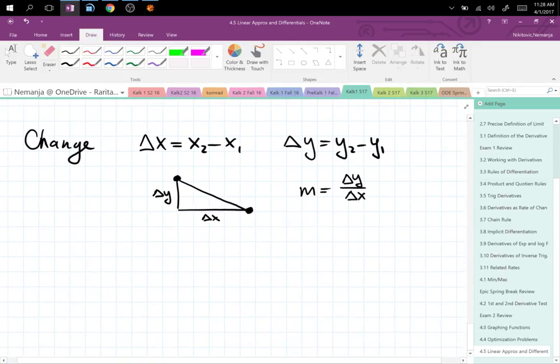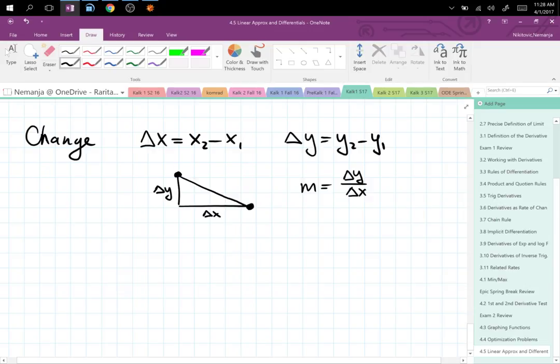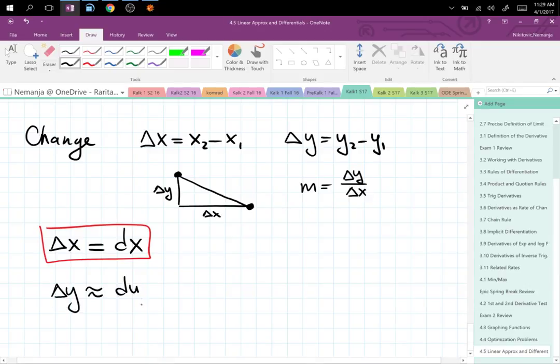So, we will say that delta x is the same as dx. That's an important thing. And we will also say that delta y is approximately dy. That's why things work.